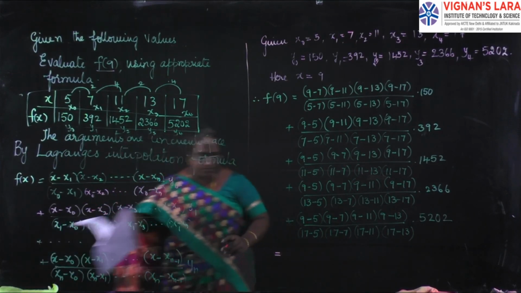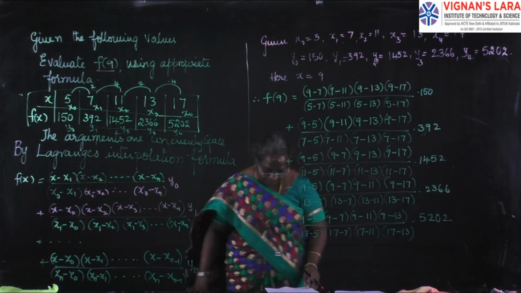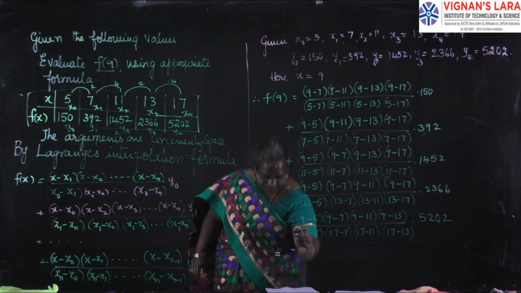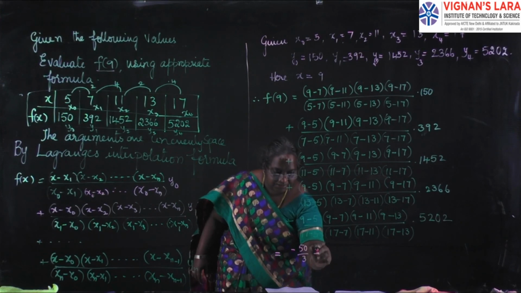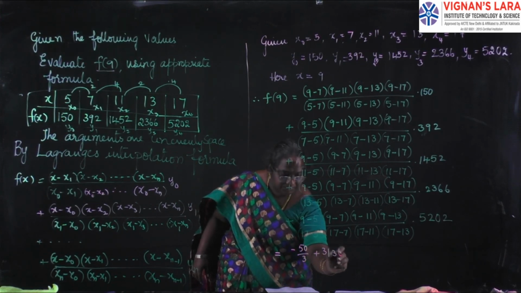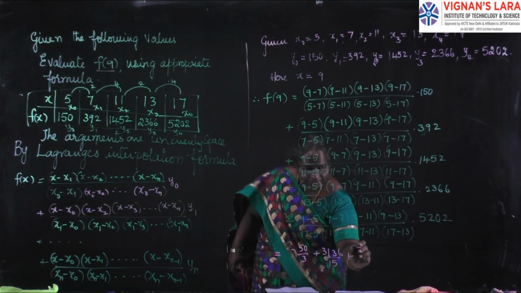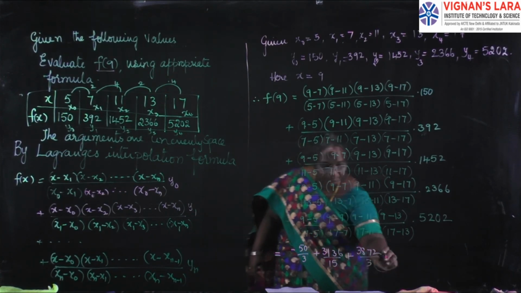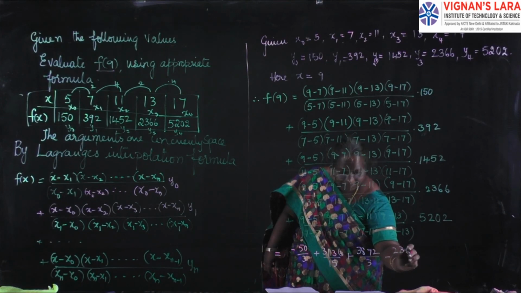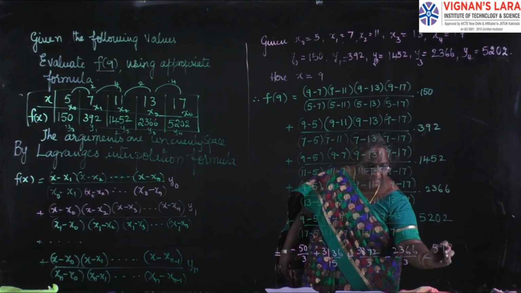Those values will be: first, minus 50 by 3; second, plus 3136 by 15; third, 3872 by 3; fourth, minus 2366 by 3; fifth, plus 578 by 5.